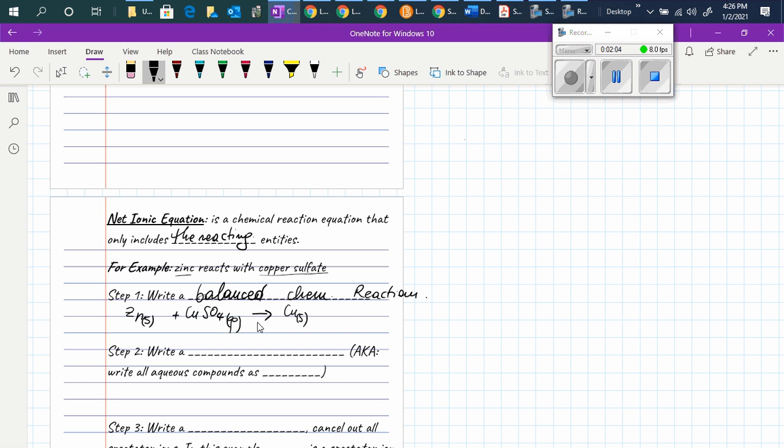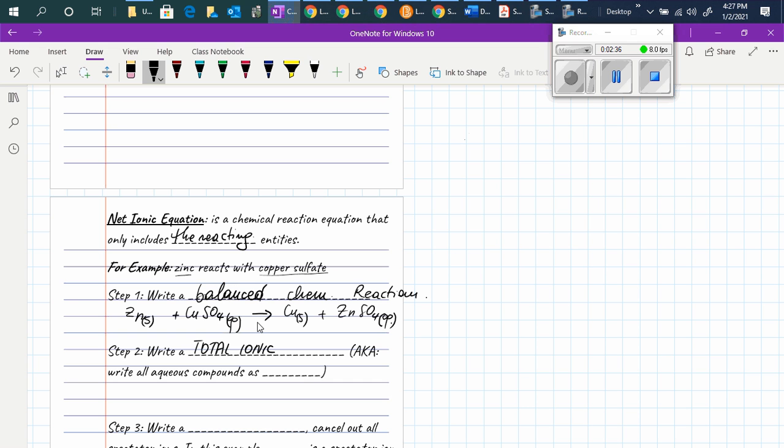We'll have copper solid and zinc sulfate. Now, this particular reaction is a balanced one because we have the same number of entities on both sides. So one zinc, one copper, one sulfate, one sulfate.